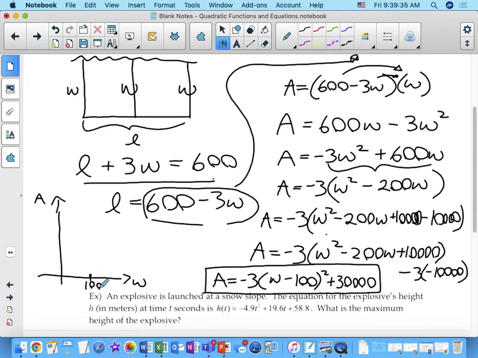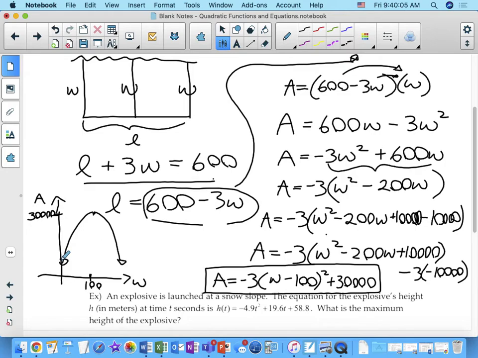Right. 30,000. Okay, so you need to be able to kind of visualize that and know what these two values mean in the vertex form so that you can actually answer questions about the situation.